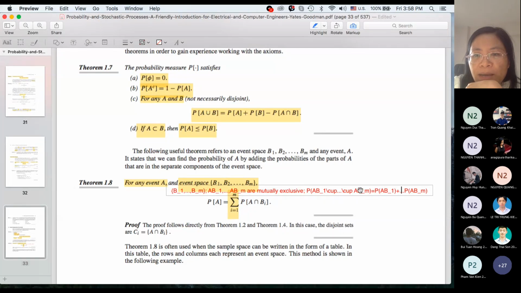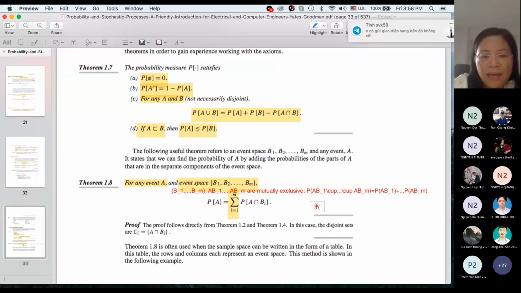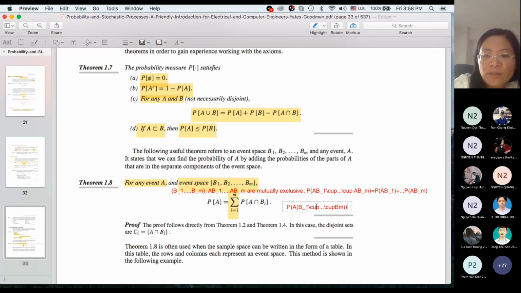However, we can consider the left-hand side, which is the probability of AB1 union up to ABm. Following the property of set theory, we can take A outside of the brackets: A intersection (B1 union up to Bm).